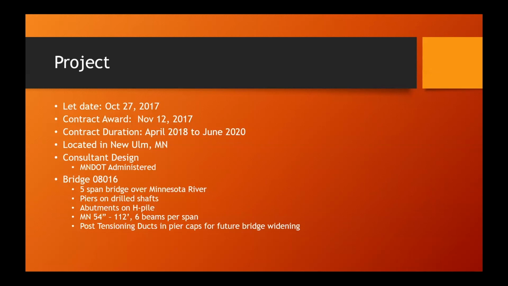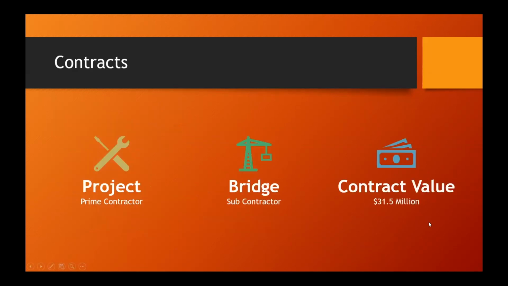It also has post-tension ducts in the pier caps for future widening of the bridge. The project overall included 3 bridges, with 2 of them significant in size, some grading work, and 3 roundabouts. The bridges were subcontracted to a bridge building company for construction of all 3 bridges, with a total contract value of $31.5 million.